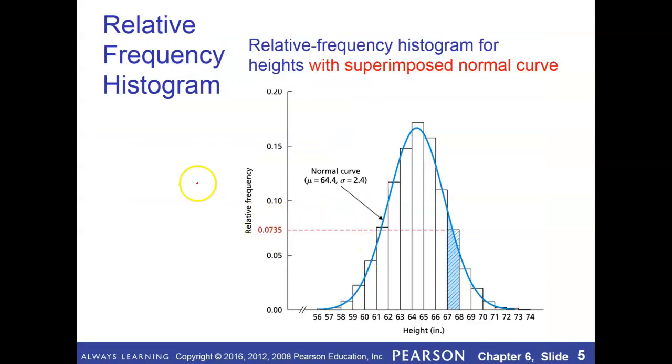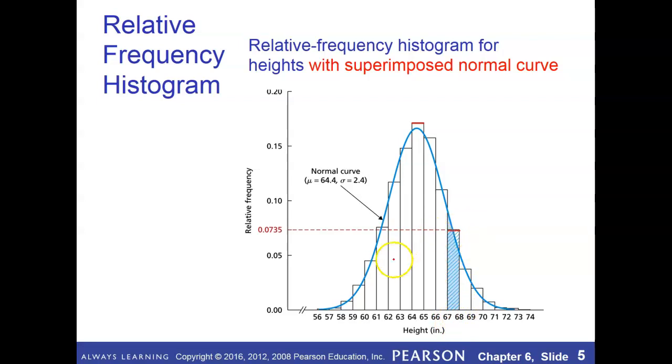So then we can move to a relative frequency histogram, which has those same categories. Notice the highest range was between 64 and 65 inches. That was about 17% if we remember correctly. And the one that we were looking at was everybody between 67 and 68 inches, which was about 7.35% of the population.